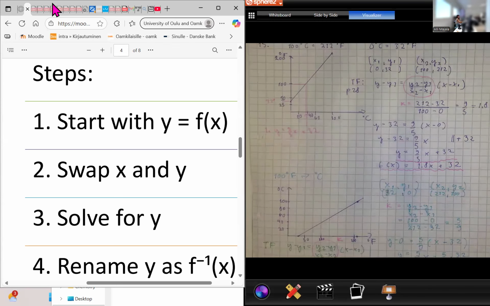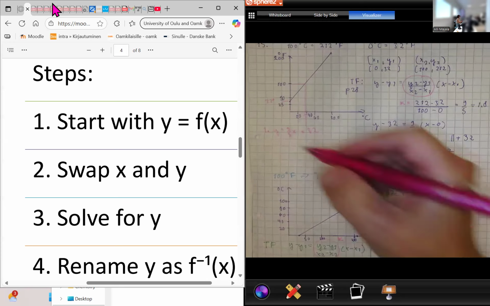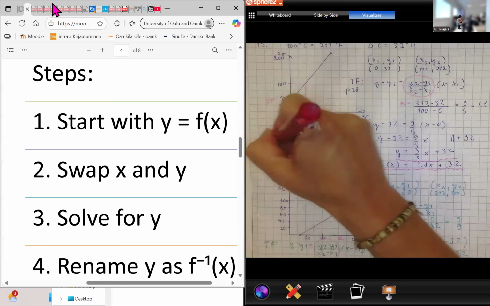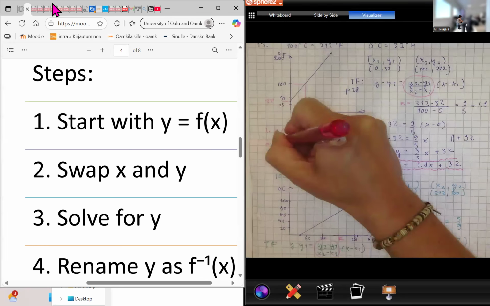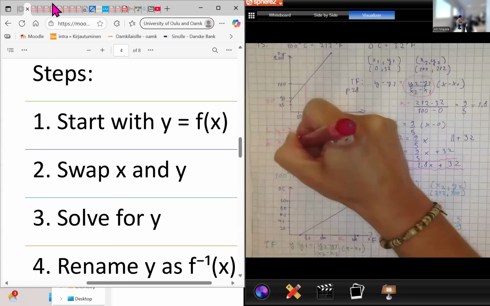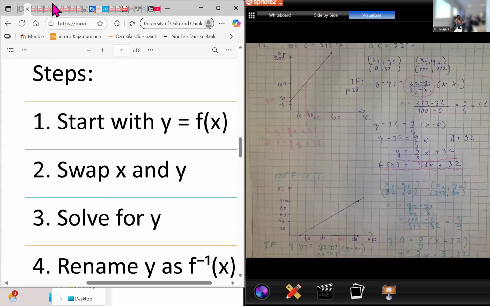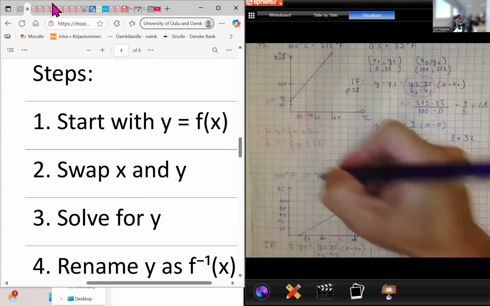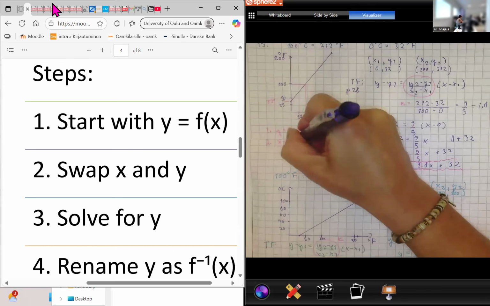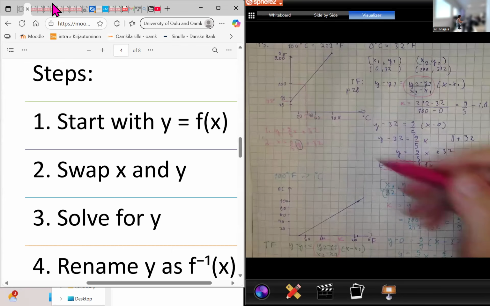Then I have to swap the x and y. So then I write it the other way around. This was the second step. x is 9/5 y plus 32. Okay. And then I have to solve for y, of course. So now I would solve for y.